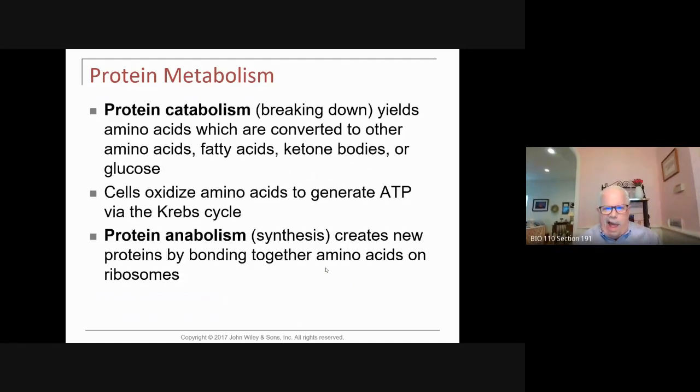The breakdown of protein produces amino acids. It also produces fatty acids, and it also produces ketone bodies. Protein anabolism, or the synthesis of proteins, creates new amino acids.